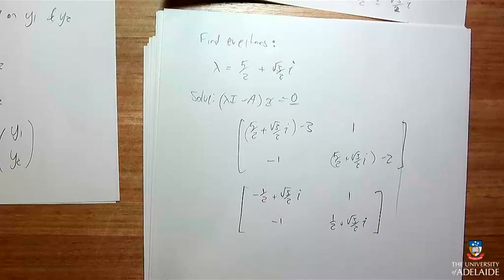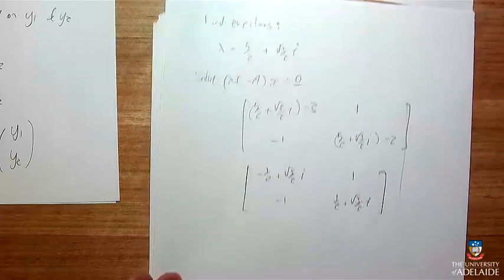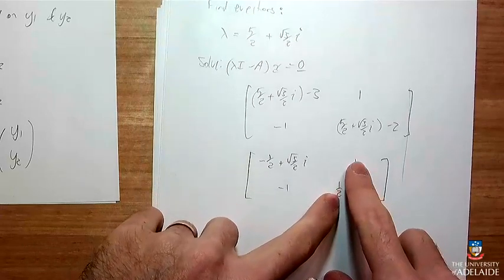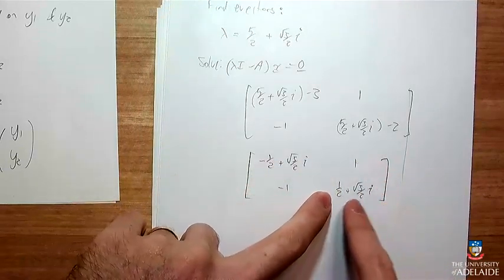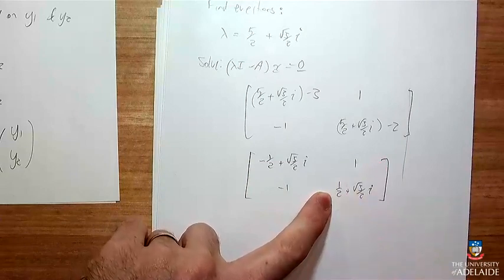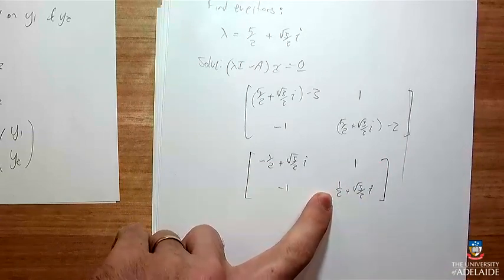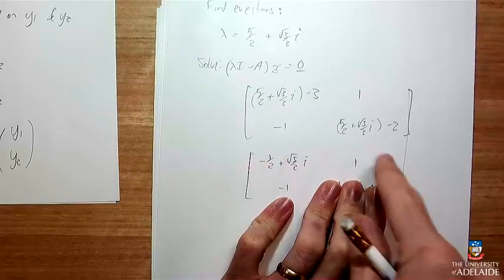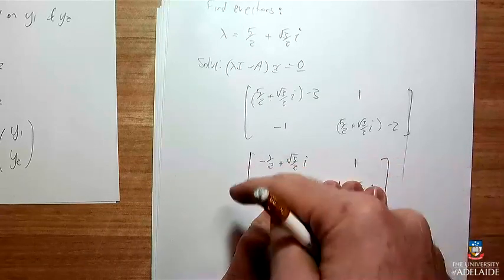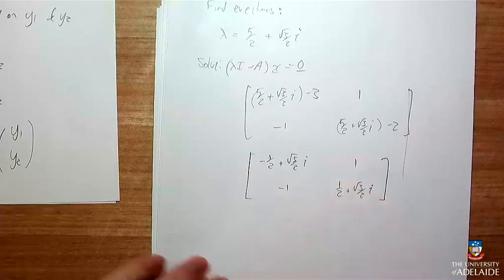If this row is a multiple of that row, then the multiple is a half plus root 3 on 2 i. Because if this was a 5 here, and I expected this to be a multiple of that, then the second row should be 5 times the first row. So it should be true.